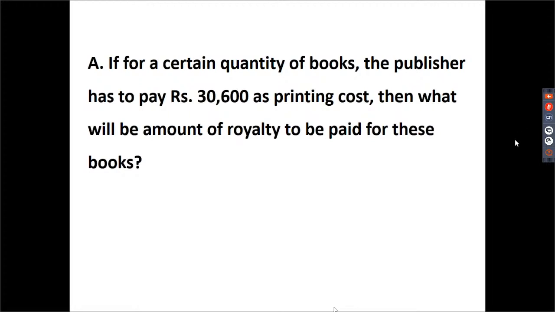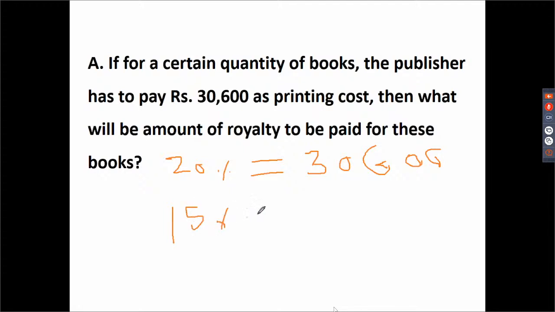For the same number of books, printing cost is 20%, that is equal to 30,600. He has to pay. But we need to find the amount of royalty for the same number of books, 15% is equal to what?